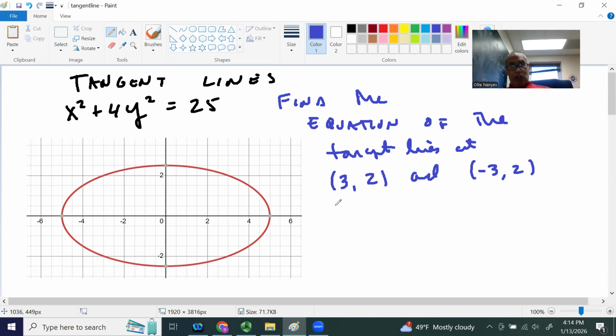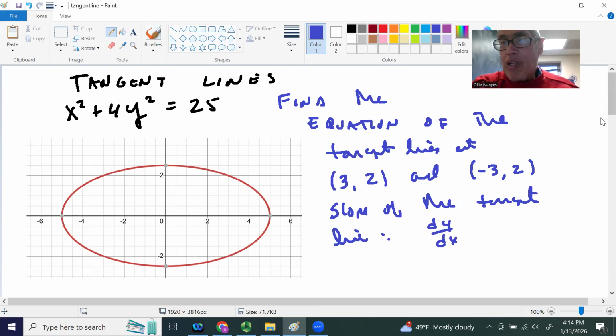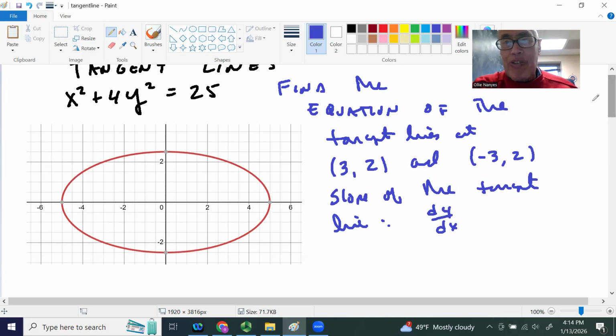Now, note that the slope of the tangent line is going to be given by dy/dx. We're going to use basic calculus to find that, but a lot of times in our applications, you'll have dy/dx and the points, and you want to determine what the tangent line is.